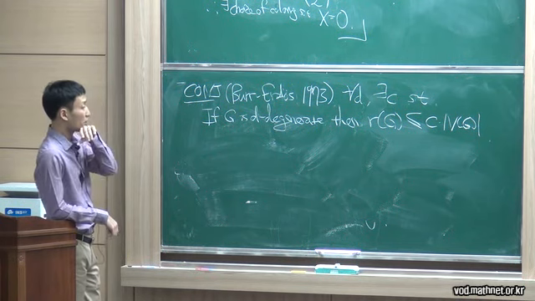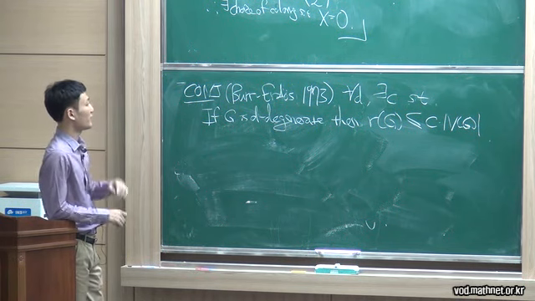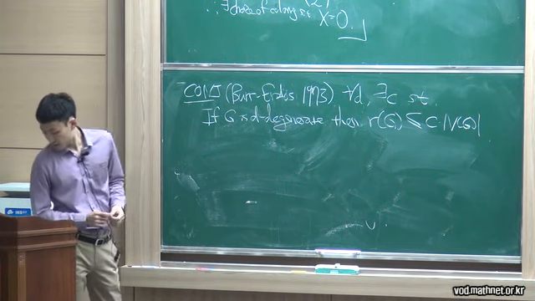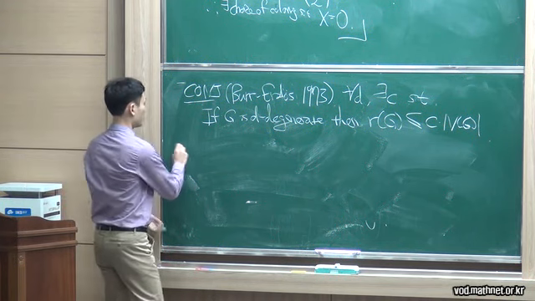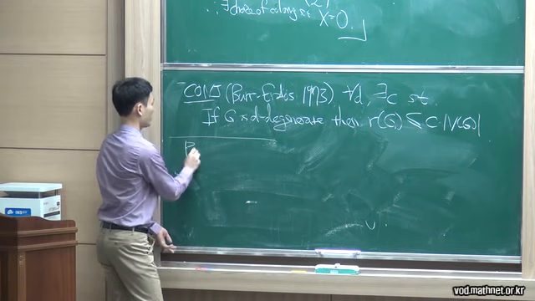So the first partial result towards this conjecture was made by Chvátal, Rödl, Szemerédi, and Trotter. So partial results.